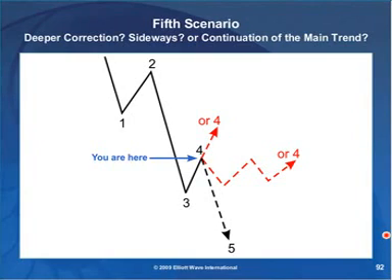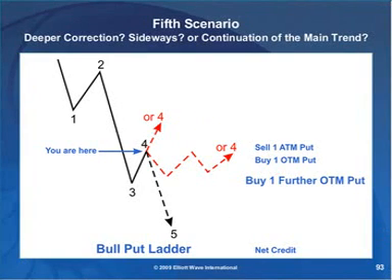It doesn't mean it's going to guarantee you anything. There are no guarantees, but it's useful, and it's called the bull put ladder. And the bull put ladder is what you do if you're really bearish, and there's a bullish one too, called the bear call ladder. I'll show that on the next slide.